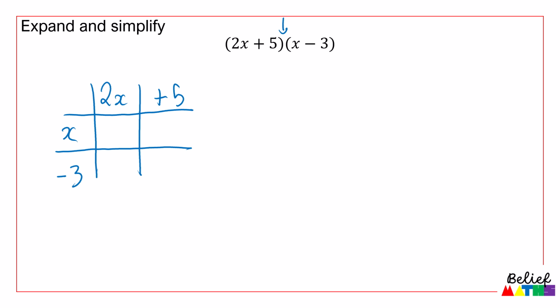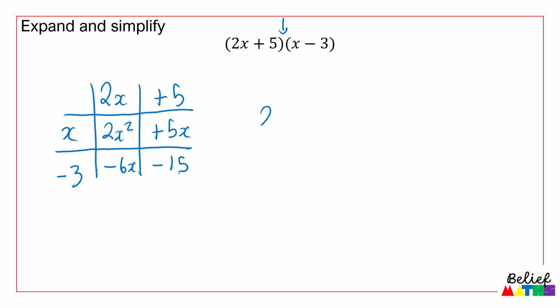So starting off, 2x times x is 2x squared. x times 5 is plus 5x. 2x times negative 3 is negative 6x. And then finally, negative 3 times positive 5 is negative 15. Now again, we have to collect our like terms here.